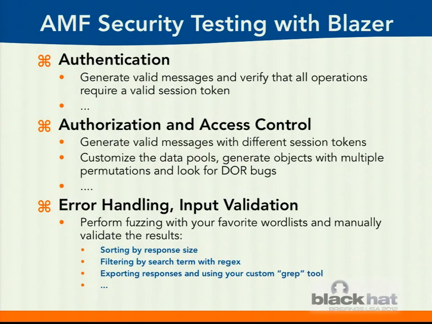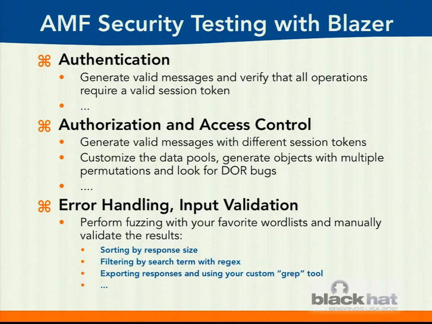Back to the security testing methodology: how can we modify those testing methodologies with the tool we have now? For example, authentication. In most cases, authentication for a BlazeDS application is managed by the standard session ID, a cookie.